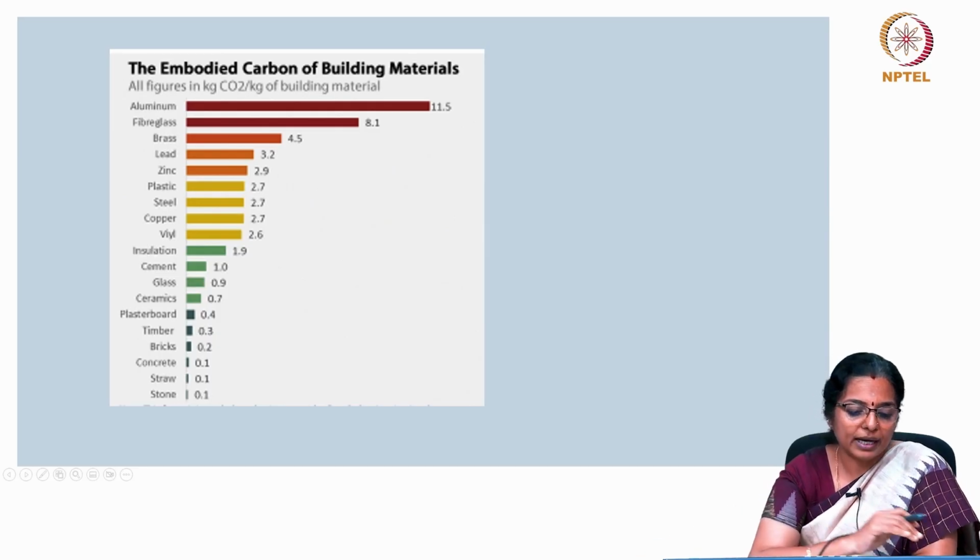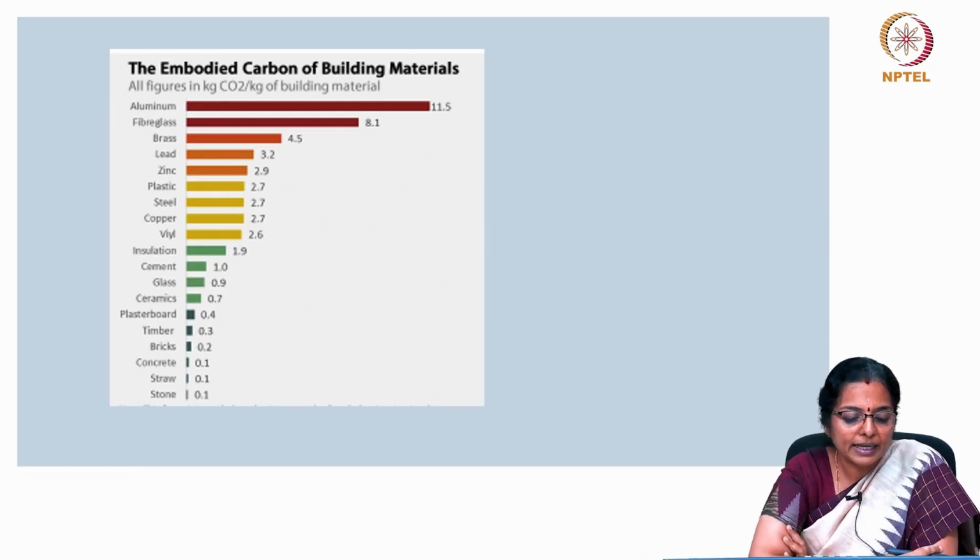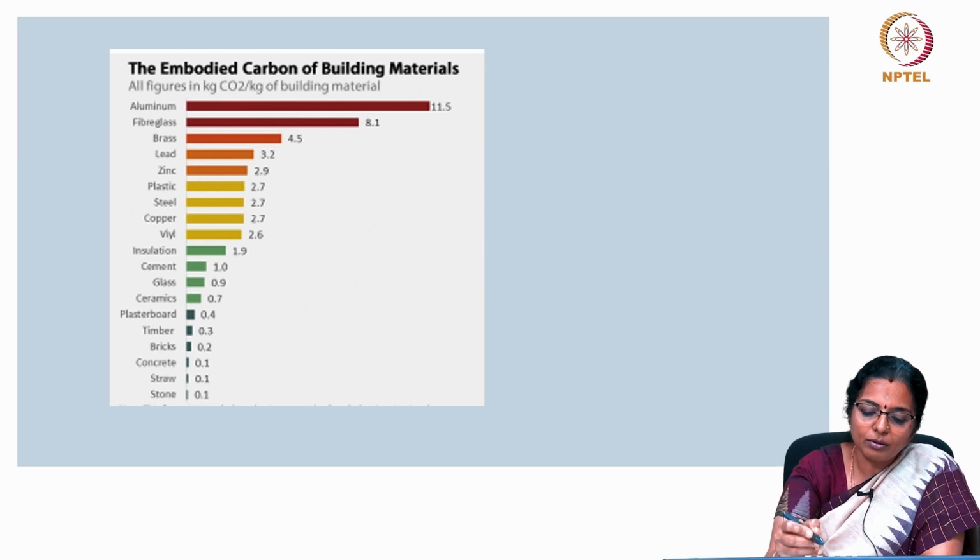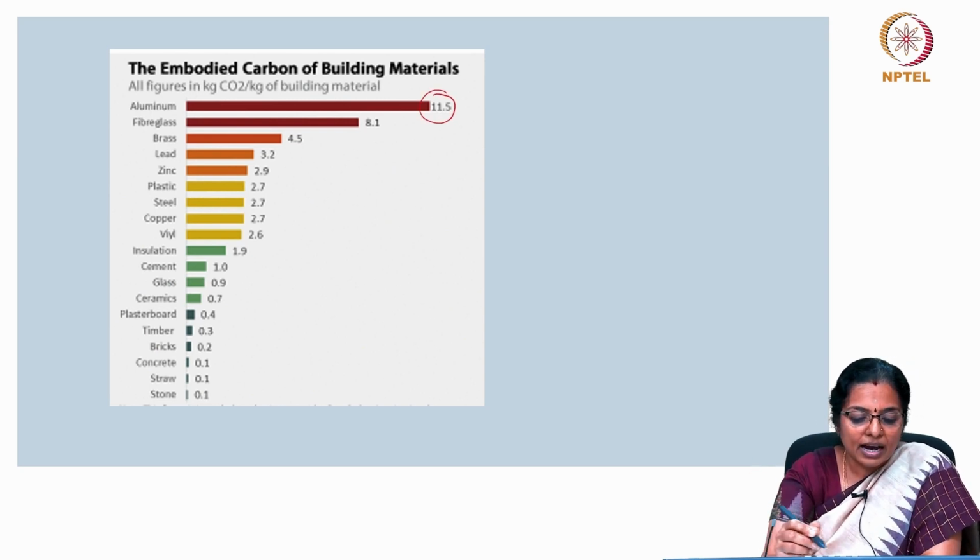Now, if you look at embodied carbon of building materials, you can see that the embodied carbon of aluminum is the highest. Fiberglass comes next.